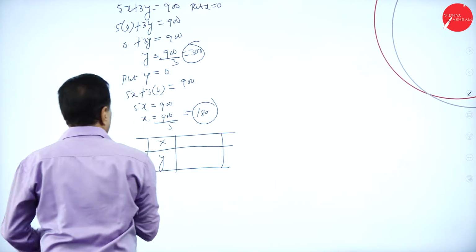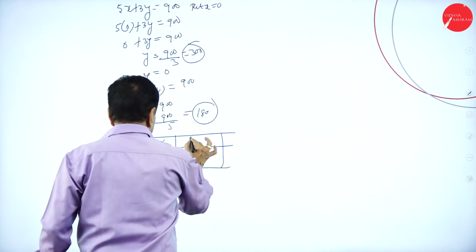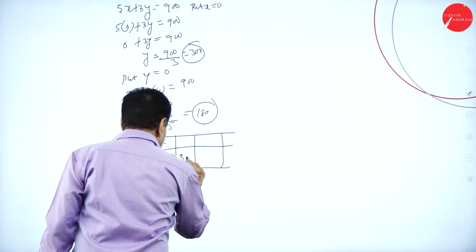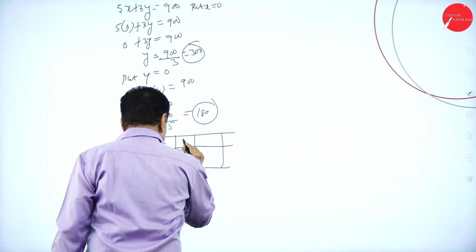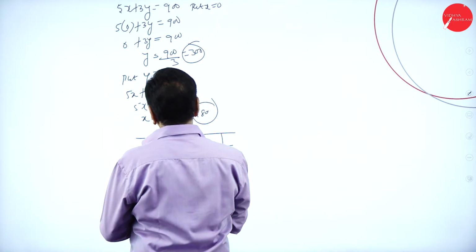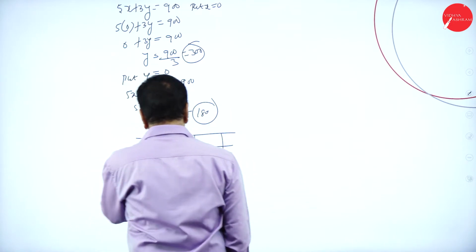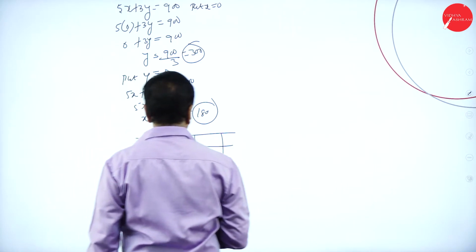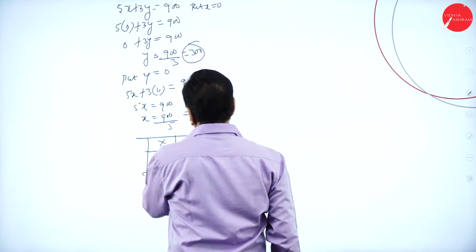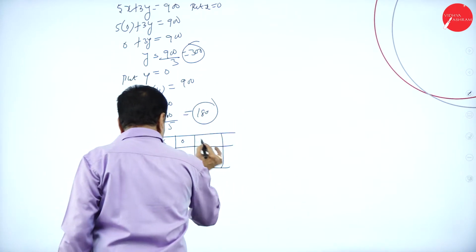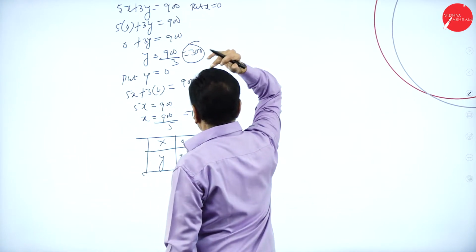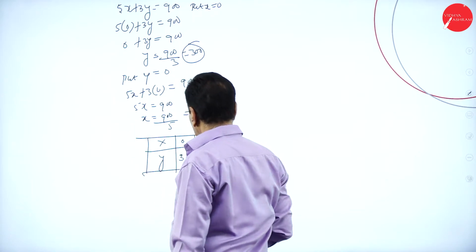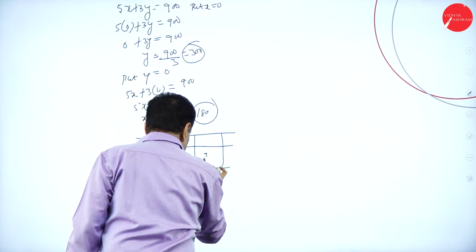X, y. In the first equation, y is 300, x is 0. Put x is equal to 0, y is equal to 300 here.